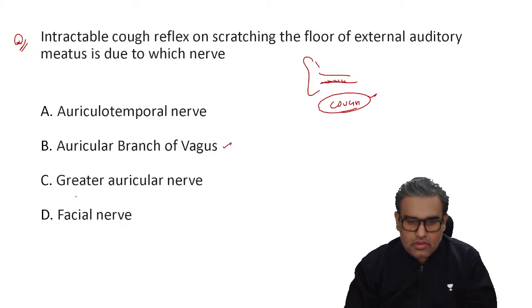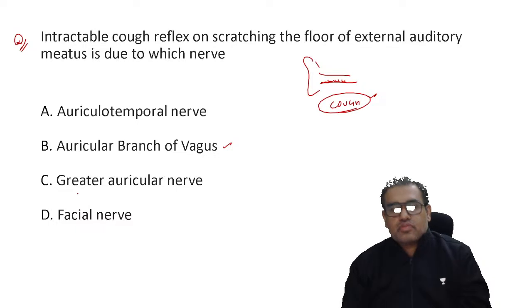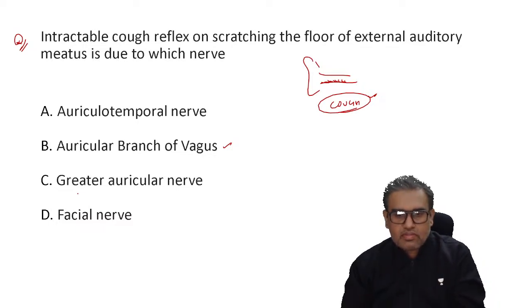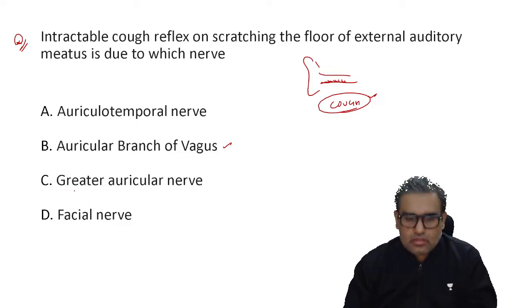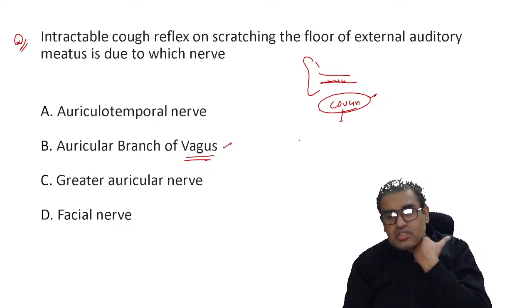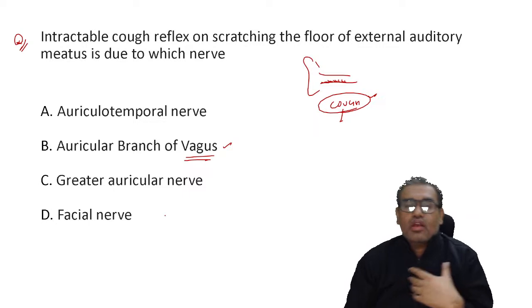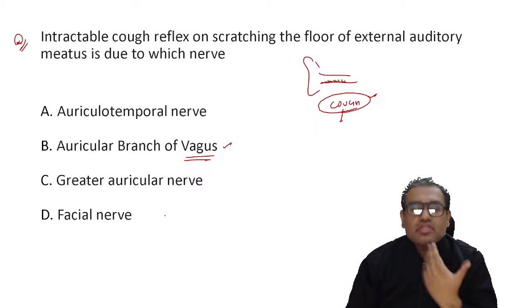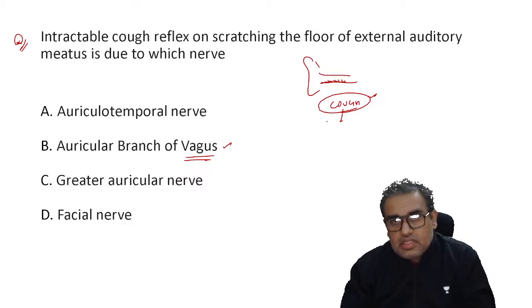Okay. Any other person? Absolutely right. Cough is a motor response where we use the muscles of the larynx and pharynx, and these muscles are supplied by the vagus nerve.